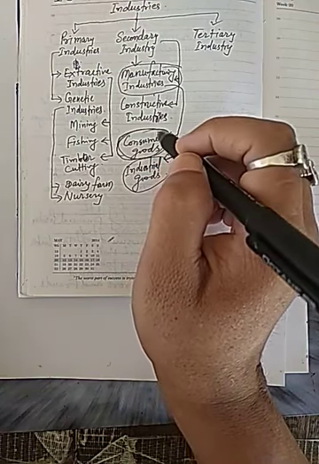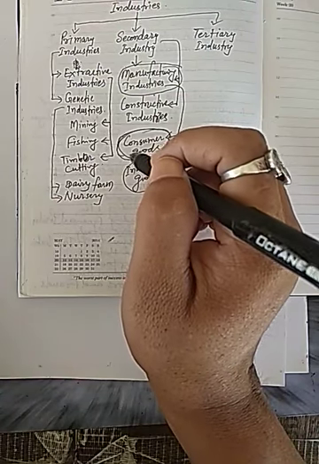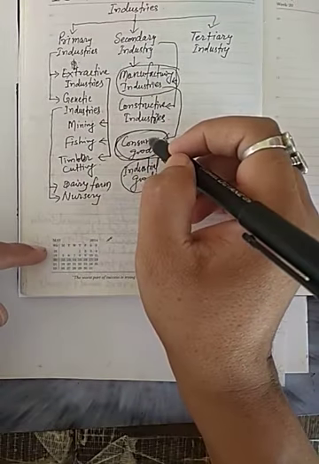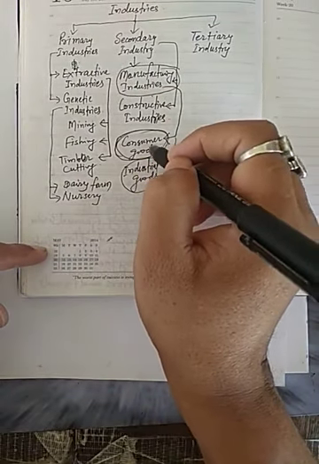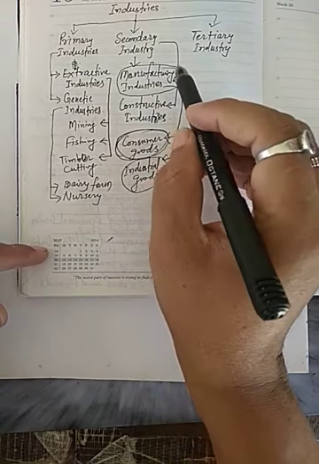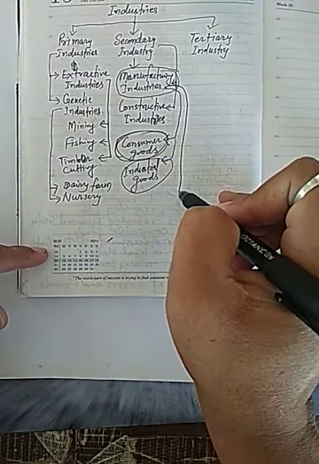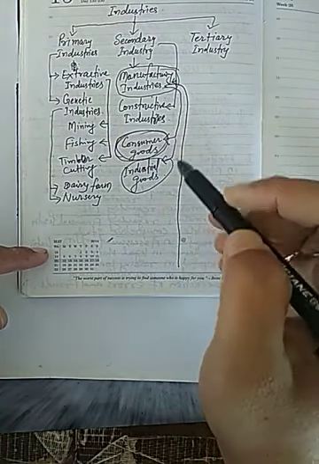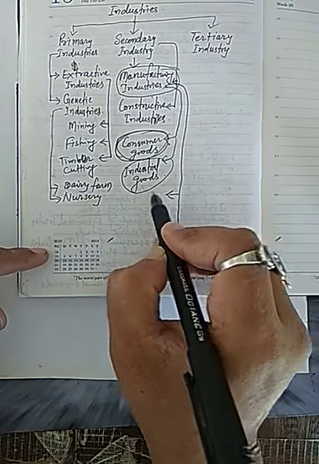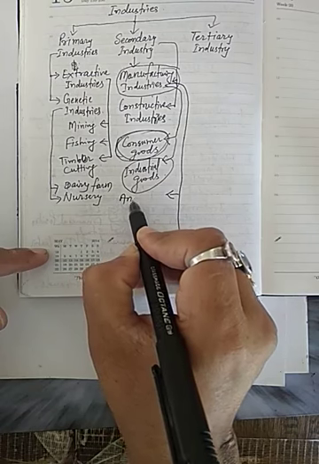Manufacturing industries are of four types. This was the example of consumer goods and industrial goods, but the manufacturing industry has four types. First, analytical industries.